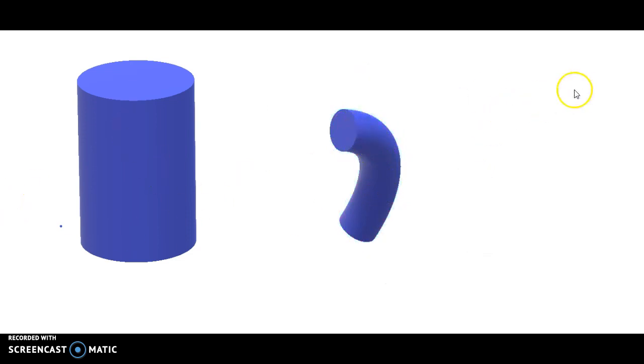And a cylinder actually has a very simple volume calculation. So this is the area, and we know that the area is just going to be pi r squared.